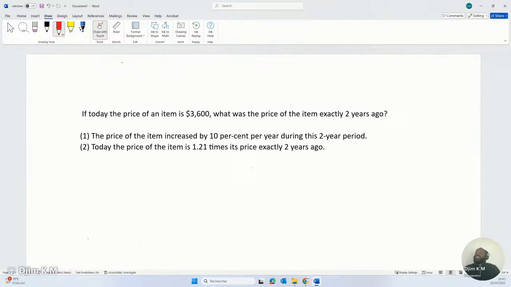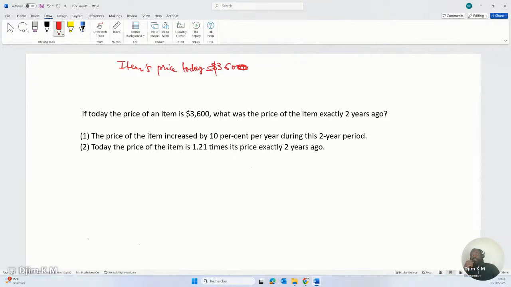So let's say the item's price today equals $3,600. So 2 years ago, we don't know if the price has decreased or increased. So we need to find out by looking at the conditions that it will give us.